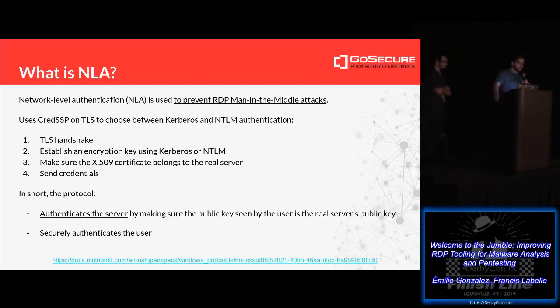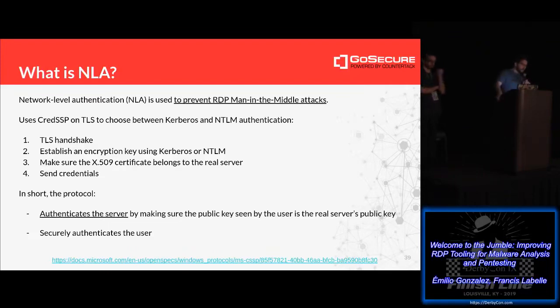Now we're going to talk a bit more about how you can mitigate these kinds of RDP man-in-the-middle attacks on your network. So I mentioned NLA earlier. How this works is, like I said, it's used to prevent man-in-the-middle attacks. It uses CredSSP over TLS to choose between either Kerberos or NTLM. So first you do a TLS handshake, then you establish an encryption key depending on what kind of authentication you're using. And then this encryption key is used to encrypt the rest of the packets that are sent.